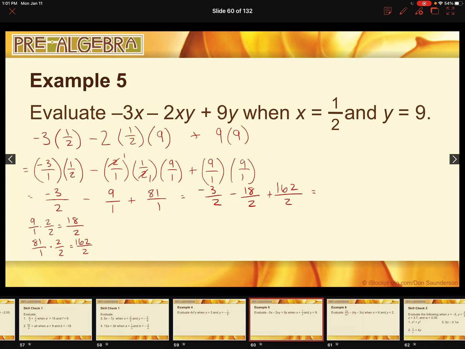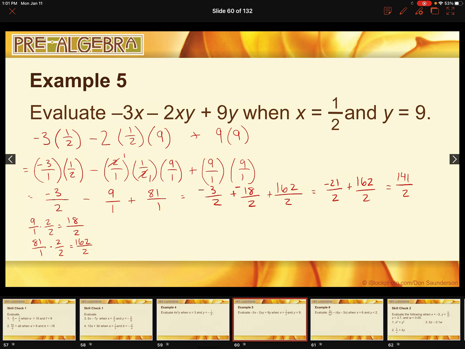Okay, negative 3 over 2 minus 18 over 2. It's the same thing as plus negative 18. So I get negative 21 over 2. Negative 21 plus 162 gives me 141 over 2. And I can leave that as is.